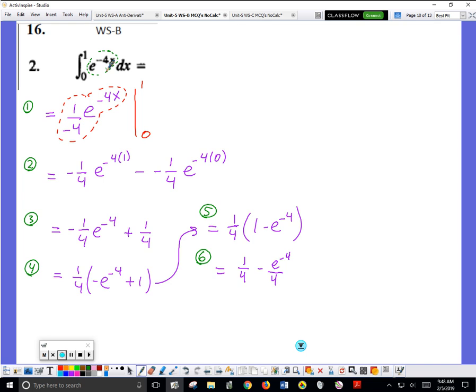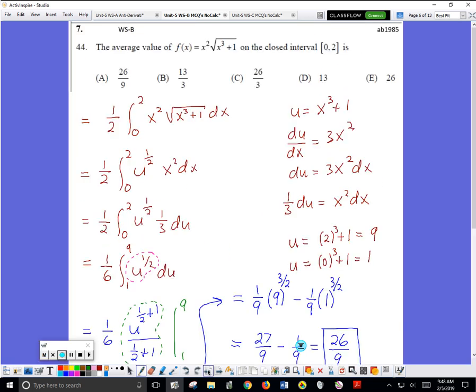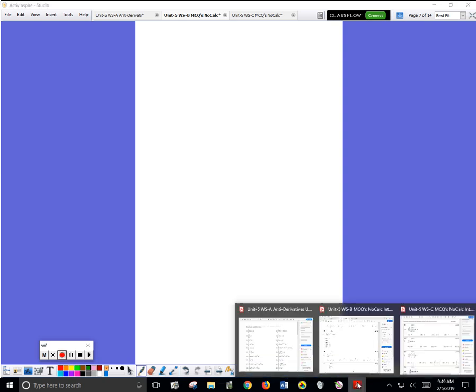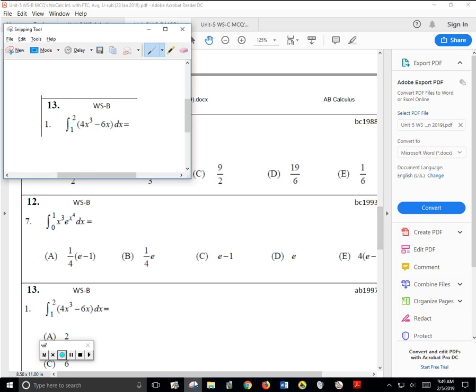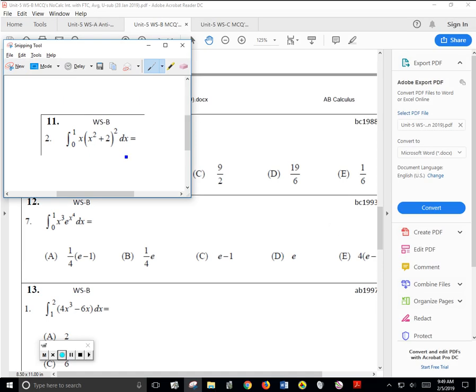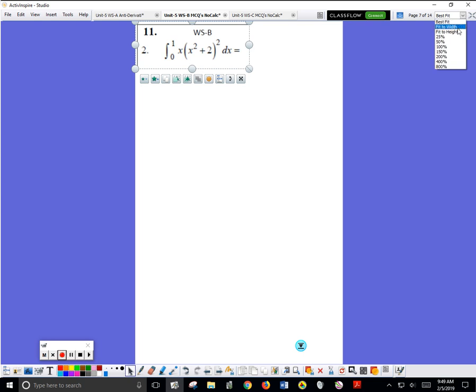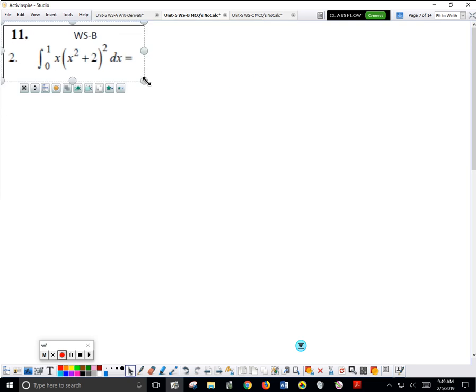Which one? 11. Pay the whole room. No, it's too easy. u is simply x squared plus 2.